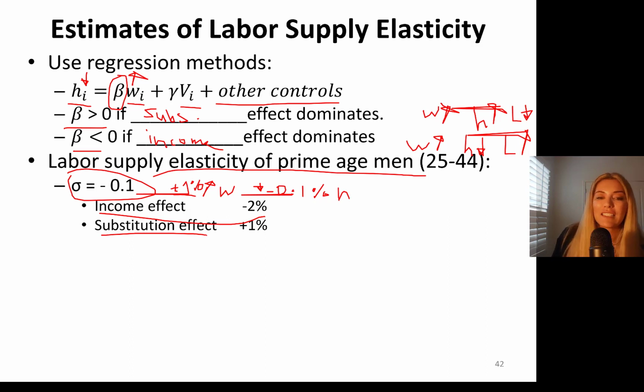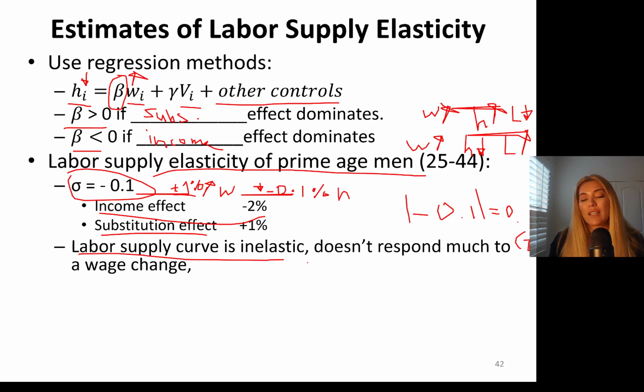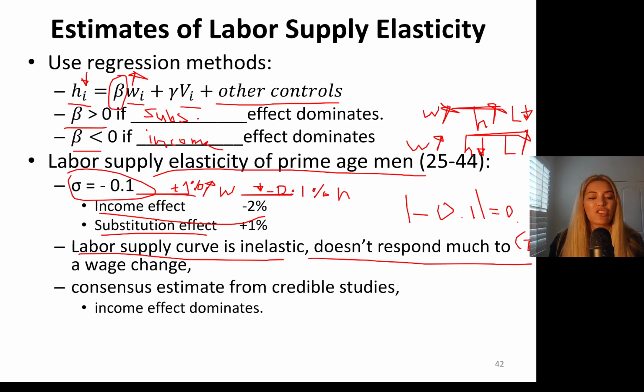As a result, the impact is very small. The labor supply curve, in absolute value, this negative 0.1 is 0.1. So it's less than 1. That means inelastic. The labor supply curve is inelastic, so labor supply does not respond too much to a wage change.